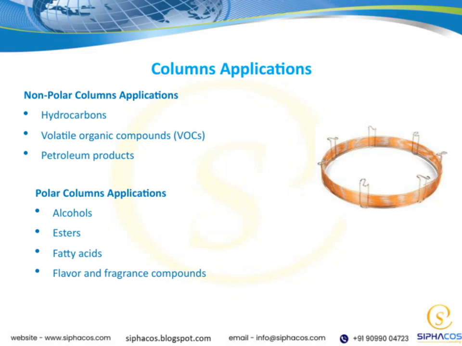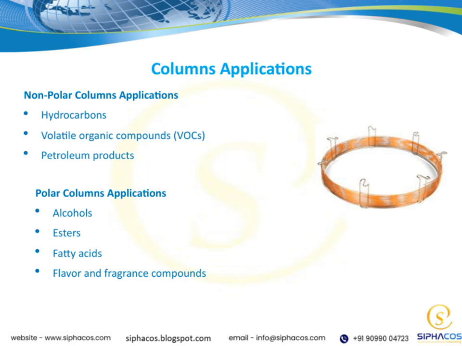Let's take a closer look at the applications of polar columns. These columns are particularly effective for separating compounds like alcohols, esters, fatty acids, and various flavor and fragrance compounds. Their polarity allows them to differentiate molecules based on their interactions with the stationary phase, making them ideal for complex mixtures in food, aroma, and fragrance industries.